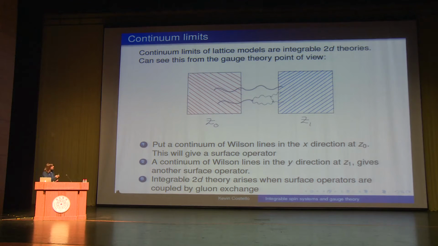So the idea is that one should be able to see two-dimensional continuum theories by inserting surface operators at two different points, and then they will exchange gluons. And that should give us some integrable 2D continuum theories. So let's see how this works in practice.